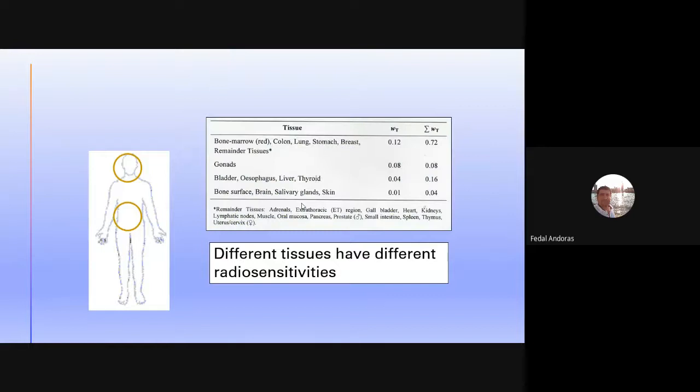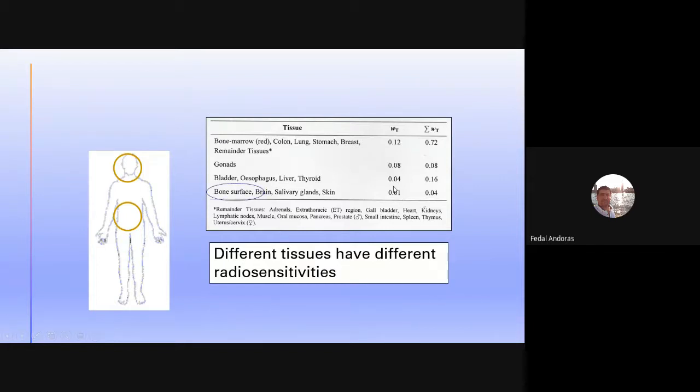But different tissues have different radiosensitivity. يعني bone marrow, colon, lung, stomach, breast, gonads, bladder, esophagus, and so on, they have what we call tissue weighting factor. حكينا بالإكويفالنت الويتنج فاكتور مع radiation. X-ray weighting factor is 1. But every tissue has different radiosensitivity. شوف الويتنج فاكتور تبدأ من 0.12 to 0.01.